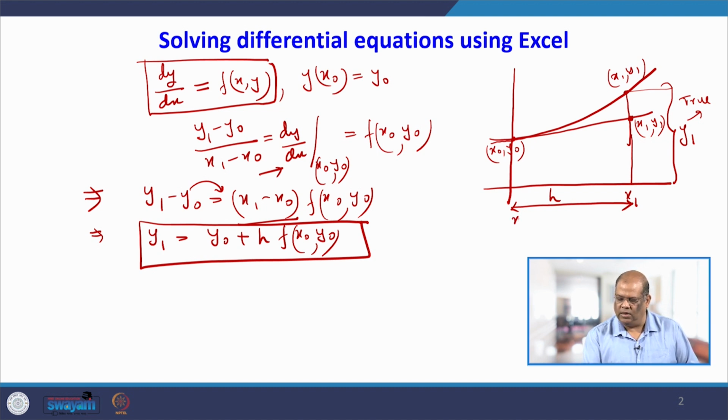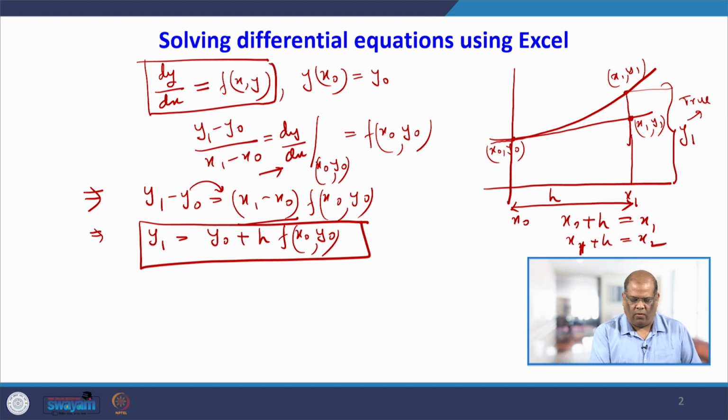So, if this is your x0, then if I add h to this x0, I get what is called x1. So, likewise, if I want my x2, I have to add h to x1 to get my x2.